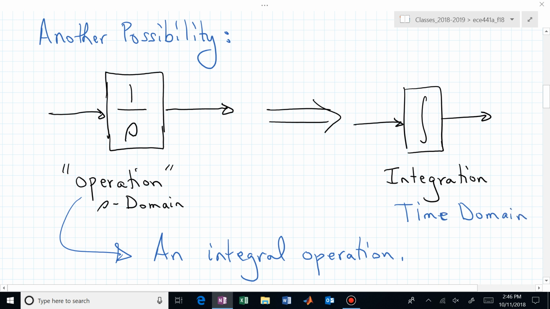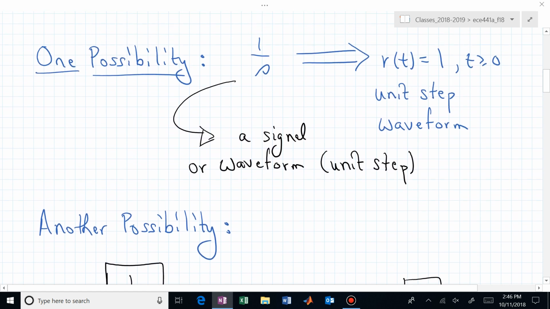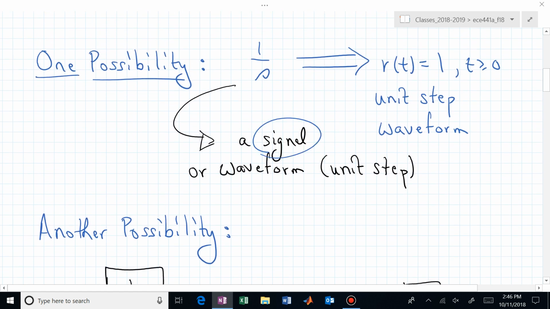So you could also be seeing that 1 over s as an integral operation, and what that means is something different. Now we're viewing that 1 over s as if it were a system and not a signal.